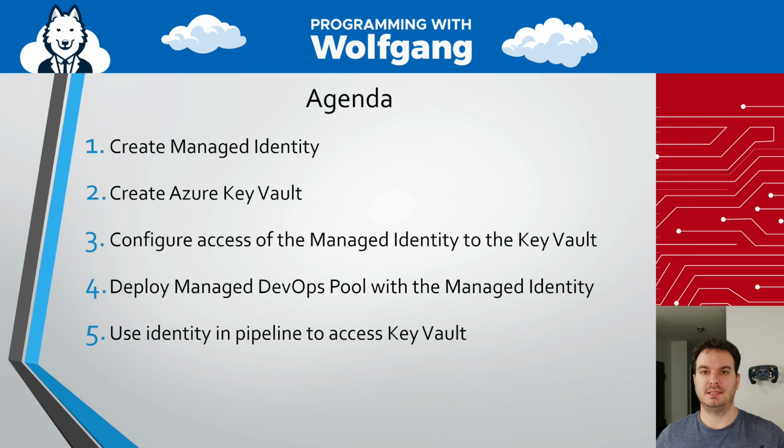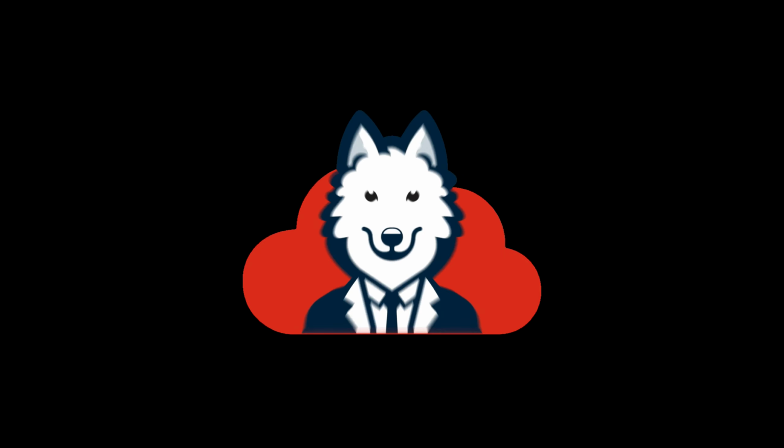In the end, we're going to test the whole setup with a pipeline that's going to write a secret into the Key Vault and then read the secret again. And all of this with the identity. So with this said, let's jump into the terminal and let's start deploying our services.